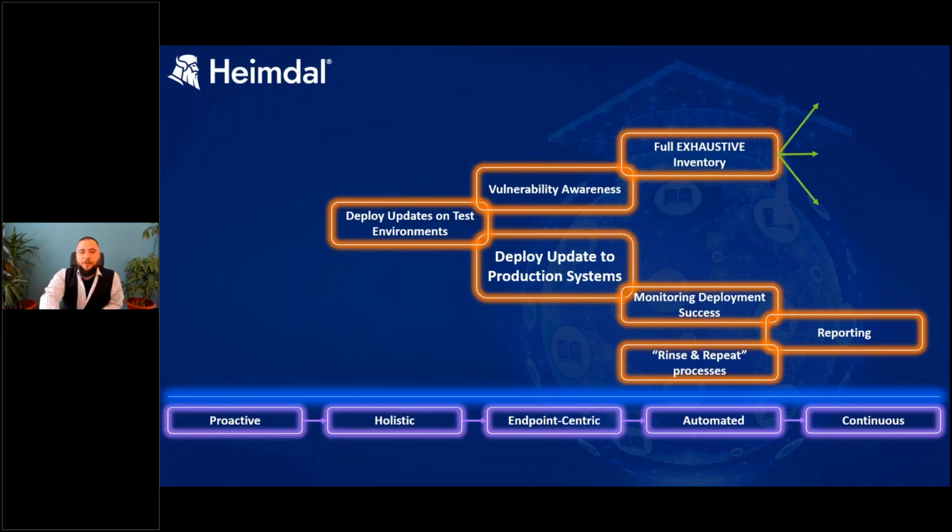Now, let's see, when we talk about inventory, what's the first thing we need to have in our inventory? What's our hardware, right? Software cannot be without hardware. But when I talk about hardware, I don't mean what are your computers. You need to know everything. So I know we have some managed service providers in the house.